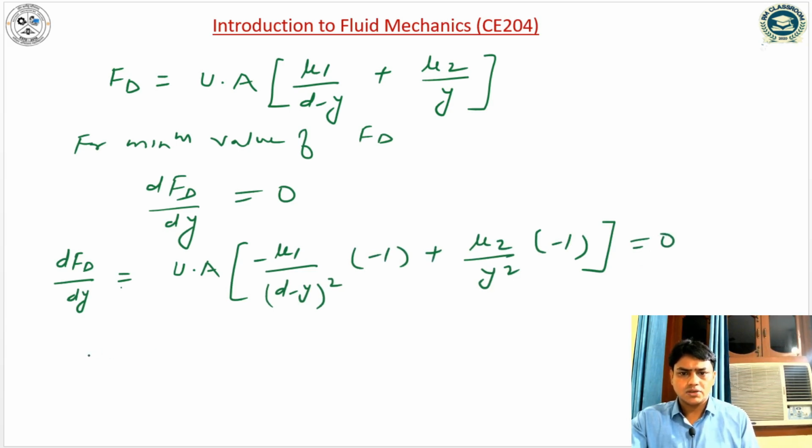So it will be mu1 by (d minus y) whole square is equal to mu2 by y square.